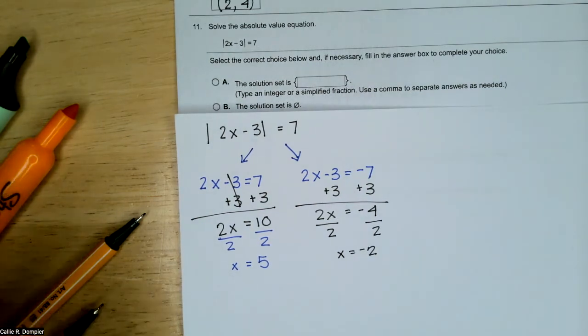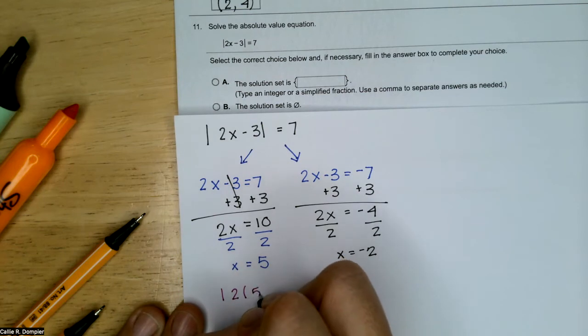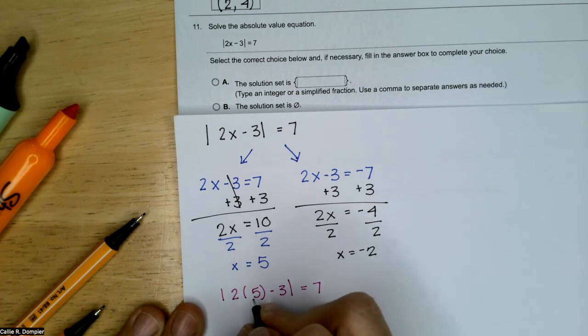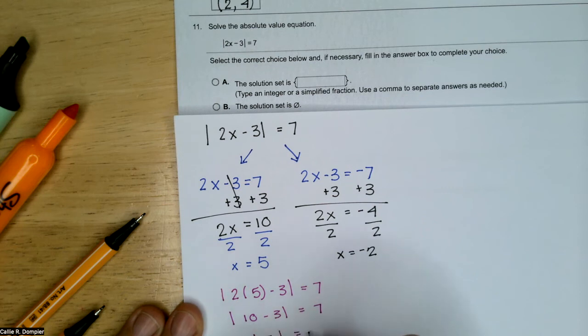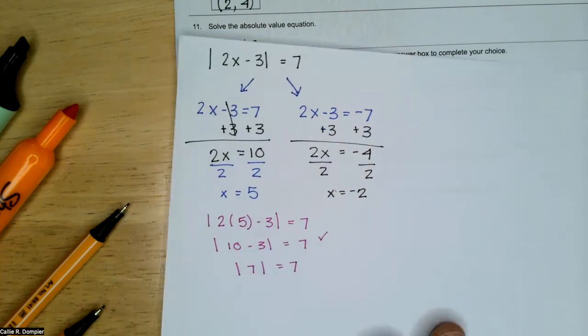All right, you can plug both of those back into your original equation. The absolute value of 2 times 5 minus 3 is 7. 2 times 5 is 10, minus 3 is equal to 7. The absolute value of 7 is 7. That one is true. Here we have -2.